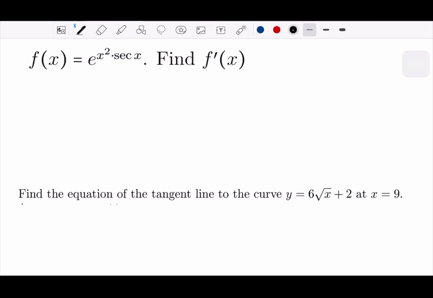Now remember that this is the outside one and the x squared, so you can start with the derivative of the outside and multiply with the derivative of the inside, and then x squared minus.